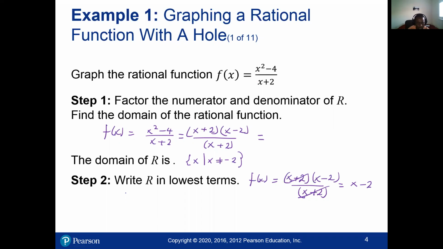So f of x in lowest terms is equal to x minus 2. Because of the factor x plus 2, there is a hole in the graph at x equal to negative 2. Okay, so let's go to step 3.